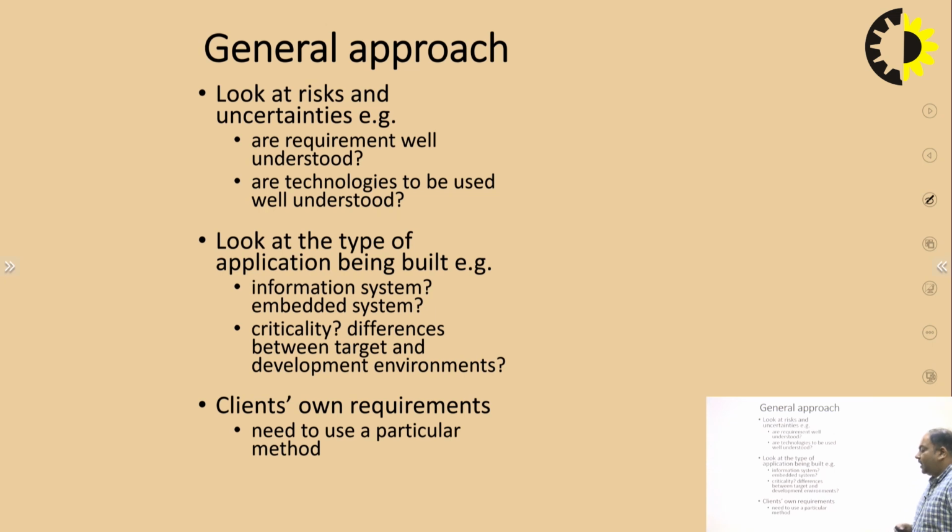For example, if a client comes to our software development company to develop a mobile app, the technologies and method for developing a mobile app are different from developing a desktop based or system based application like Microsoft Office.